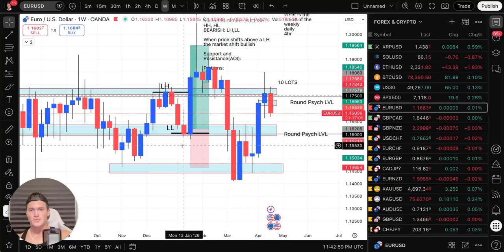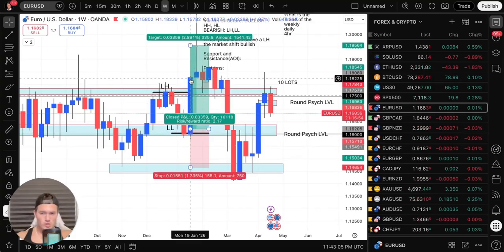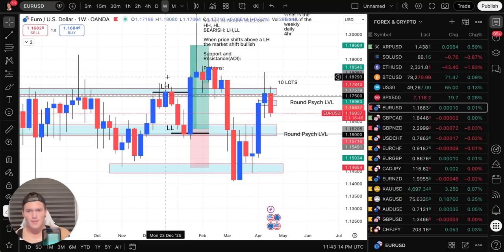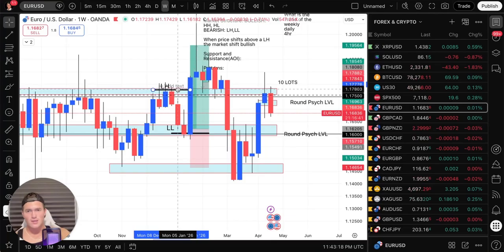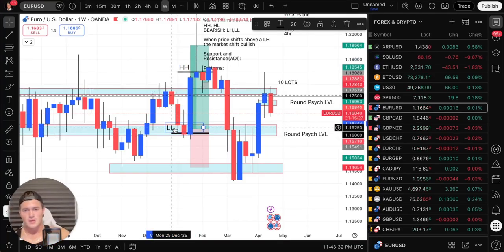Now since the market's bearish, what happened next? We shifted back bullish. So now we are above this previous elbow here. So now what happens? This lower high turns into your higher high, and this turns into your higher low.